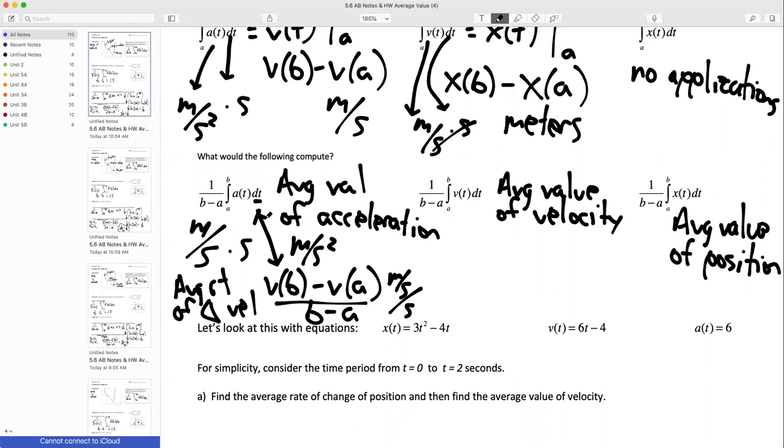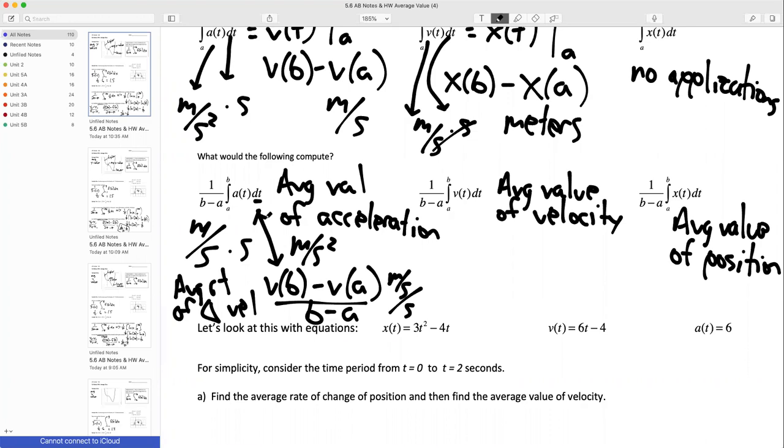They both give me an acceleration. Think about it: I integrate the acceleration and then divide by the time, so I get a velocity divided by time. And here I have a velocity divided by time. So does that mean you can use them interchangeably? Yes, depending on the information that I am given, which we will get to.